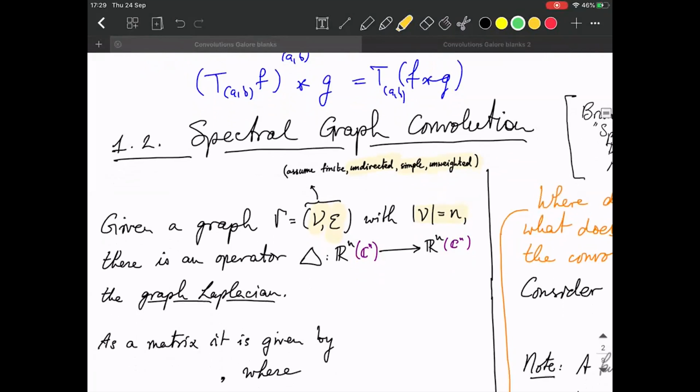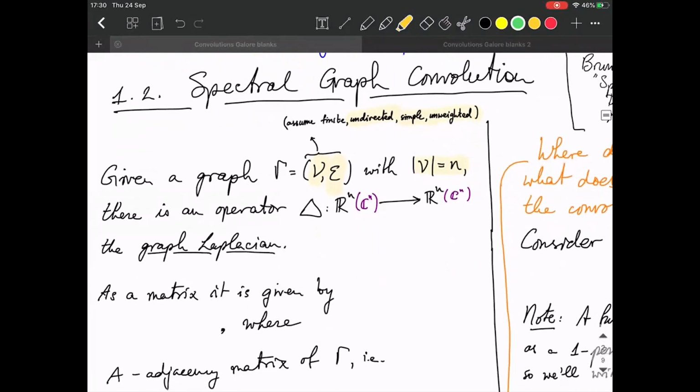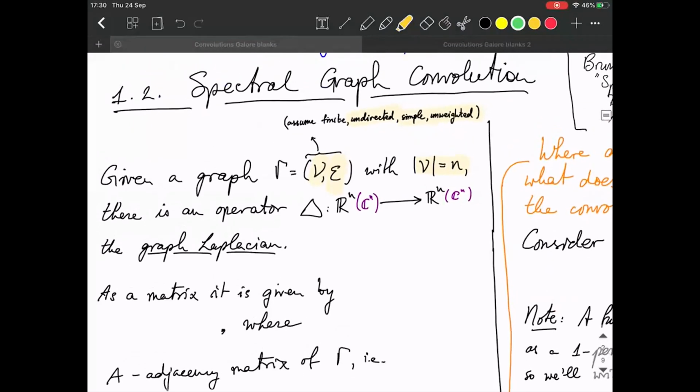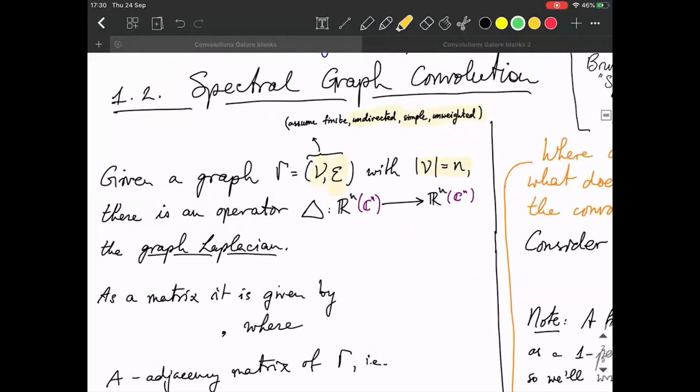There are extensions of these spectral ideas to directed and weighted multigraphs and so on, but just for simplicity's sake, let's stick to this simplest case. Now, on a graph, there is an operator, which is a linear map delta, going from Rn to Rn.